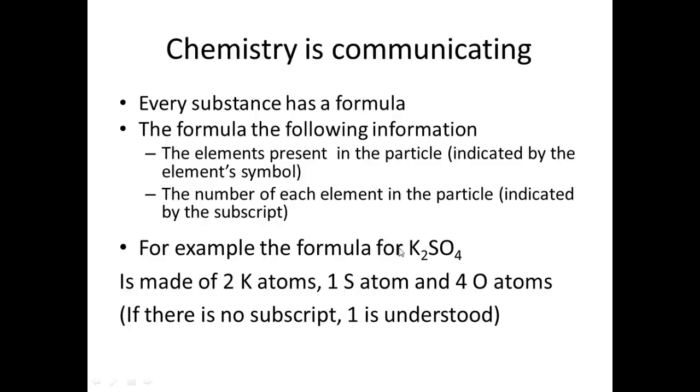If there's no subscript written, like there is on the S right here, 1 is understood. If you wanted to write K2S1O4, I would be perfectly fine with that, if you feel more comfortable doing that.